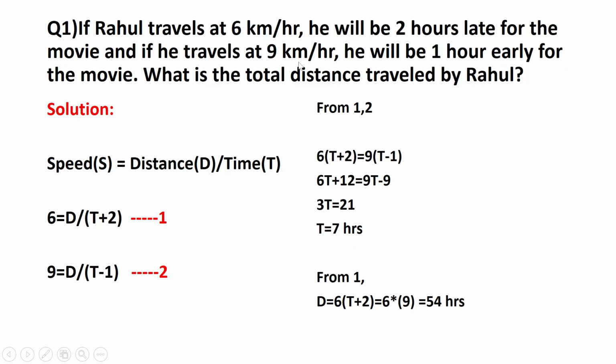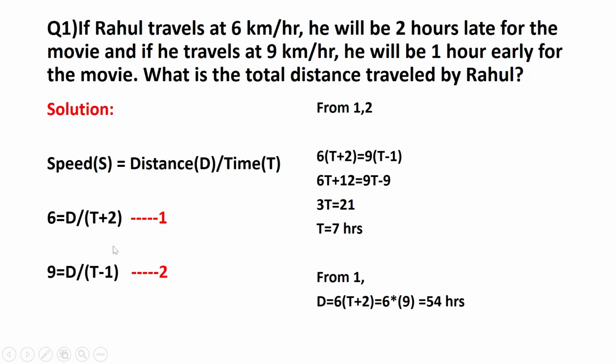And if he travels at 9 km per hour, he will be 1 hour early for the movie, so the time is T - 1, because he is going to reach 1 hour early. The basic formula is speed equals distance upon time. At 6 km per hour he takes 2 more hours, and at 9 km per hour he takes 1 hour less.